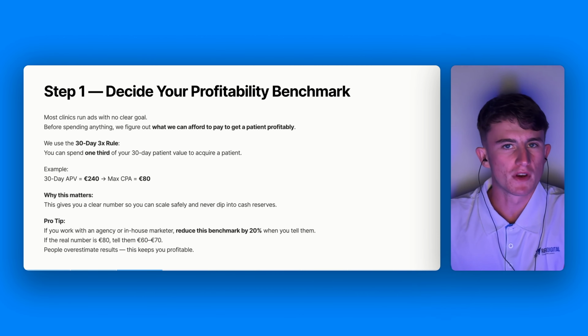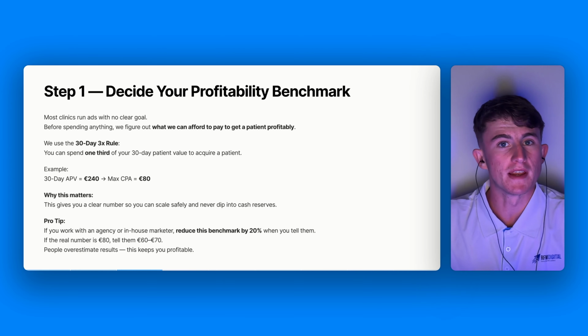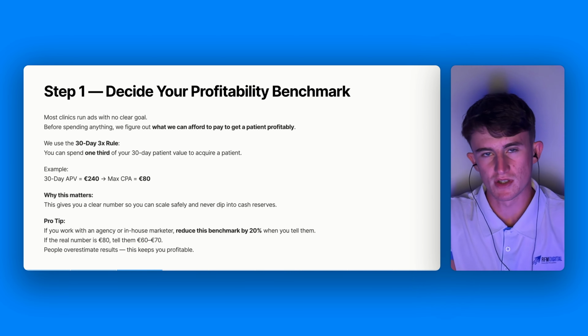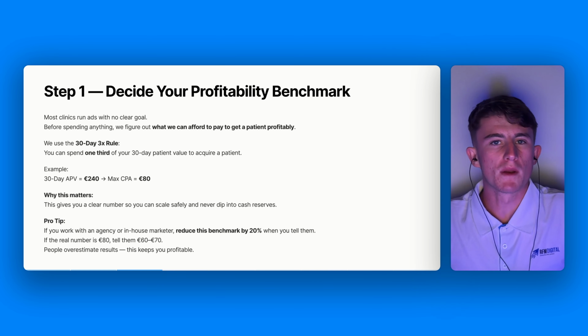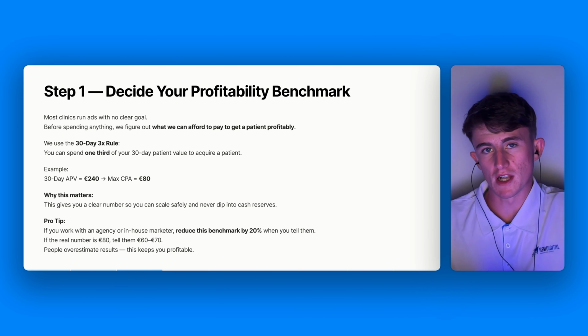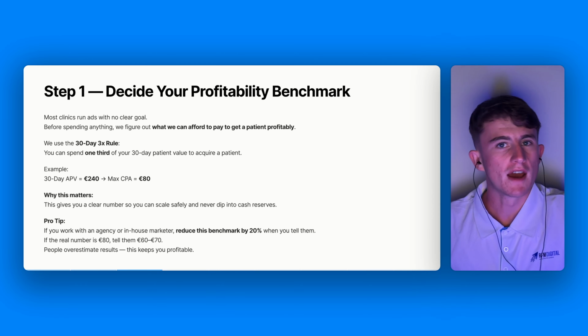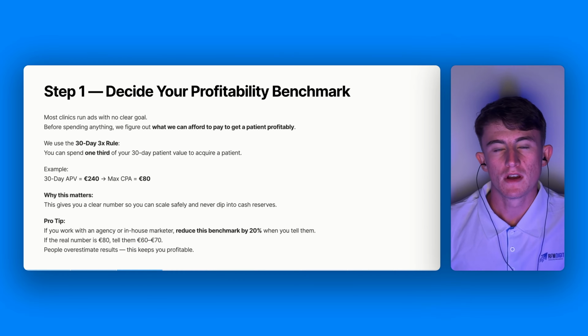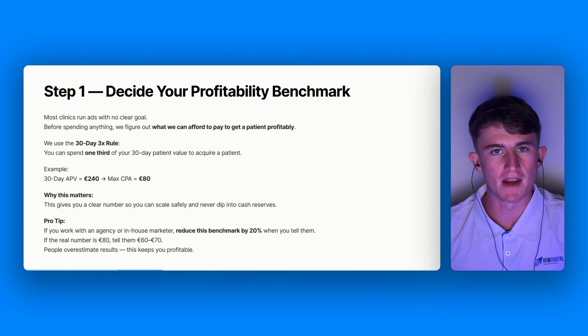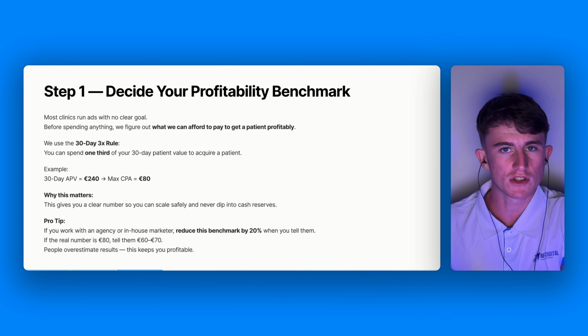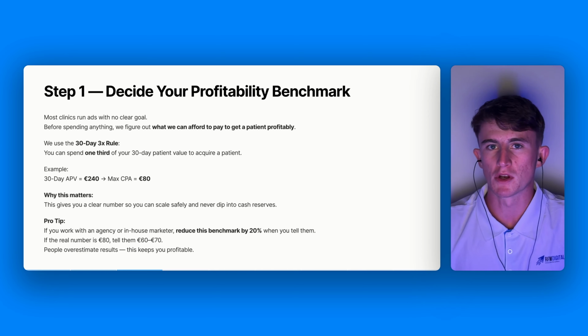They'll just assume the cost per patient will also be pretty cheap as well, but that just isn't the case sometimes. And you want to make sure you're always in the green. So if the real profitability benchmark is in and around €80 or £80, advise them it's 60. So that even if they overestimate it by 10% and they get the maths wrong on it, you're still in the green and your cash reserves never get touched and cash flow doesn't start to become an issue.